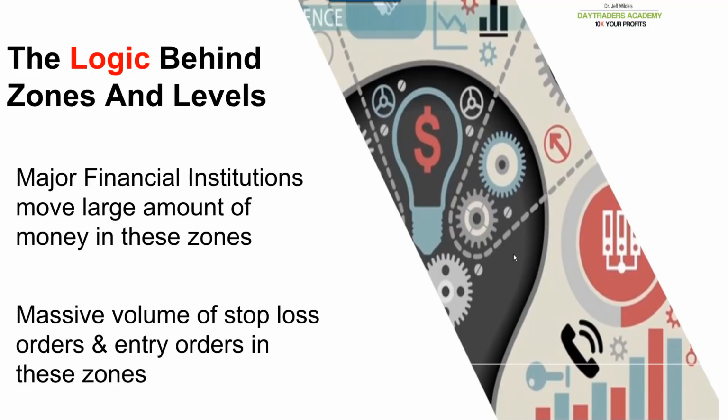Also understand that a massive amount of trading volume from, once again, both the small traders and the institutions, okay, it can be the hedge funds, the banks, they'll buy at these big numbers, okay? Also, a lot of the stop loss orders and entry orders are placed in these zones. So what this means in a nutshell is that if you have a lot of orders at these levels, okay, the markets are probably going to have a strong reaction, and that's what you want to make money.